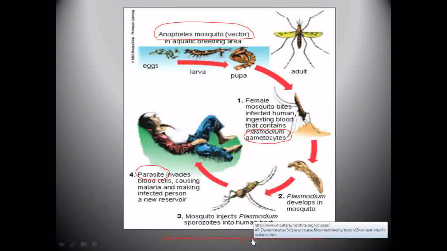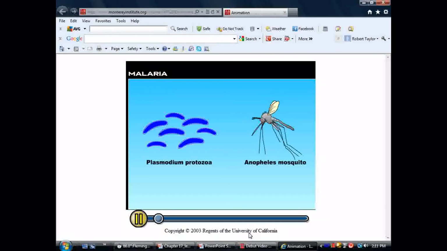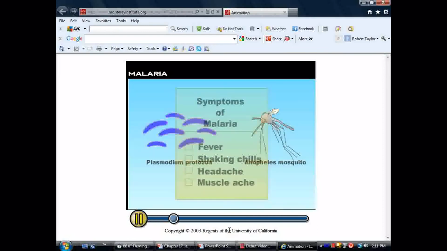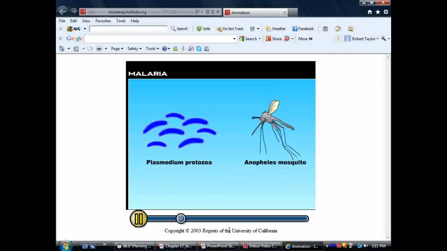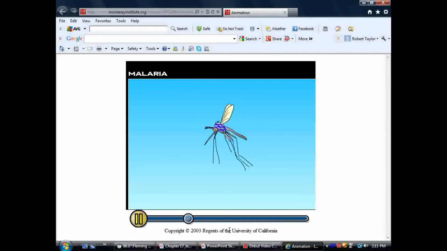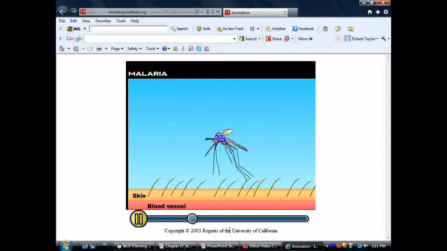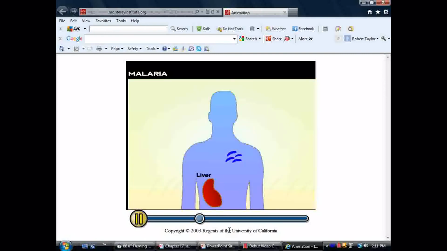Malaria is an ancient disease caused by a blood-borne parasite called the Plasmodium protozoa that infects and then destroys red blood cells. Symptoms include fever, shaking chills, headache, and muscle ache. It is spread by the female Anopheles mosquito. The mosquito injects the malaria-causing parasites into the bloodstream of a human host. The parasites make their way to the liver, where they reproduce into a different form.